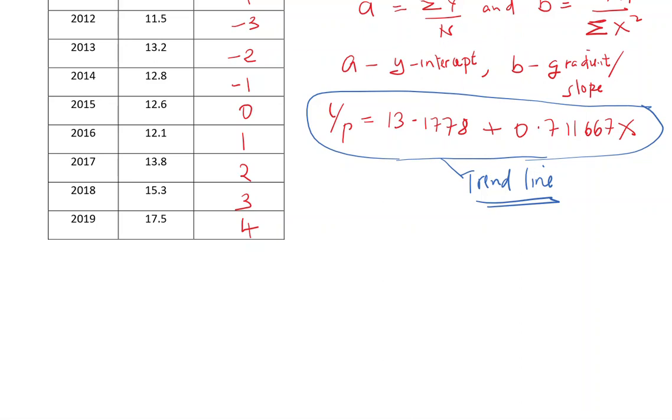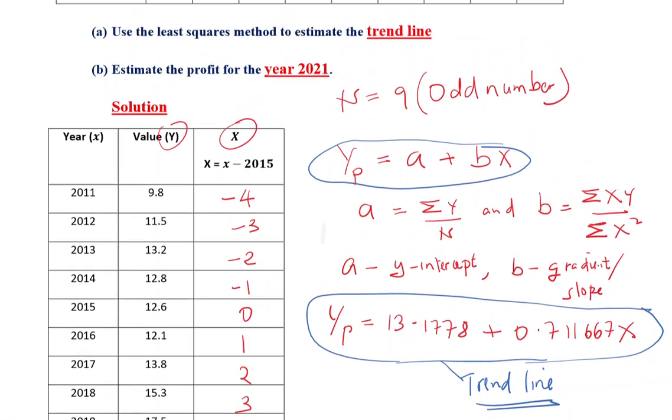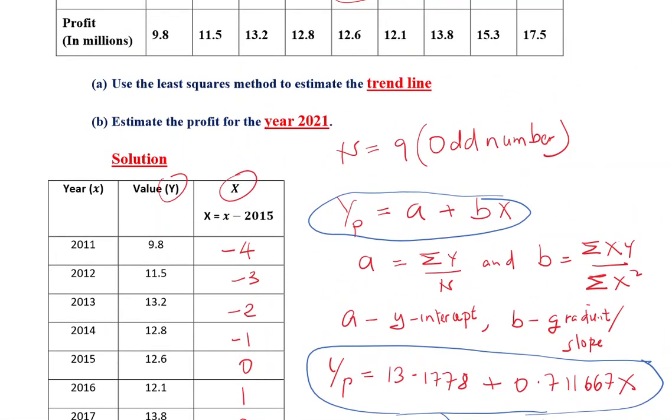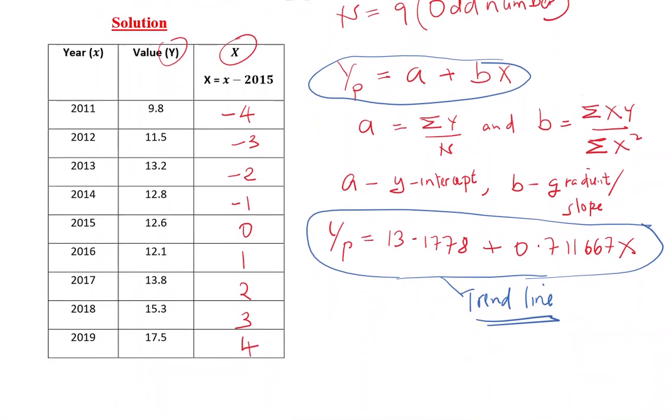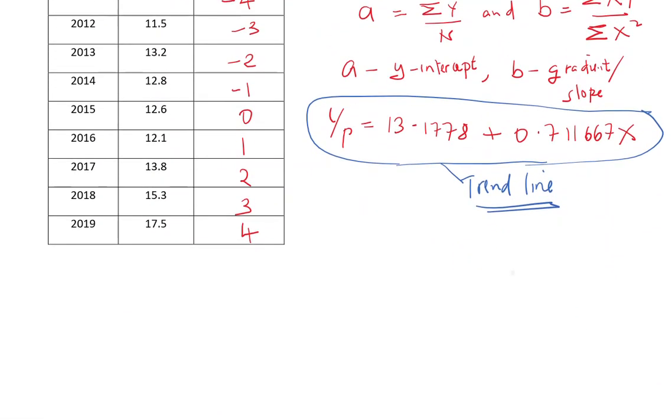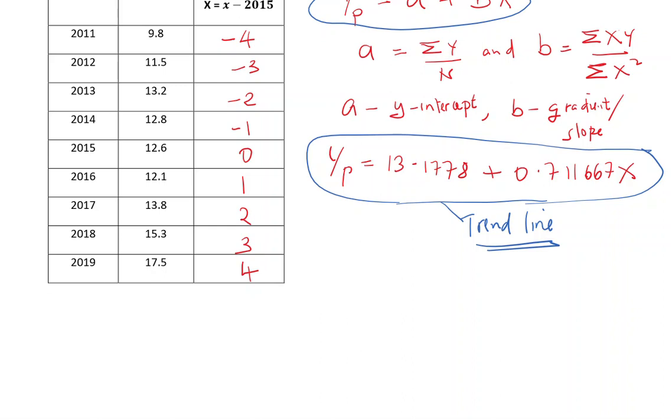Now, after getting the trend line, the question asks us to estimate the profits for the year 2021. So we need now to find the estimated profit for the year 2021. We need to get the value of x.